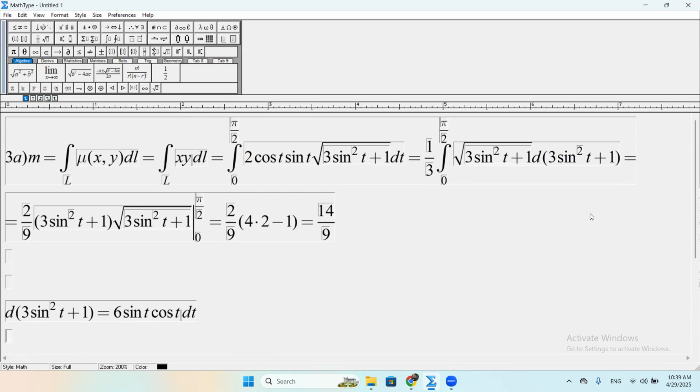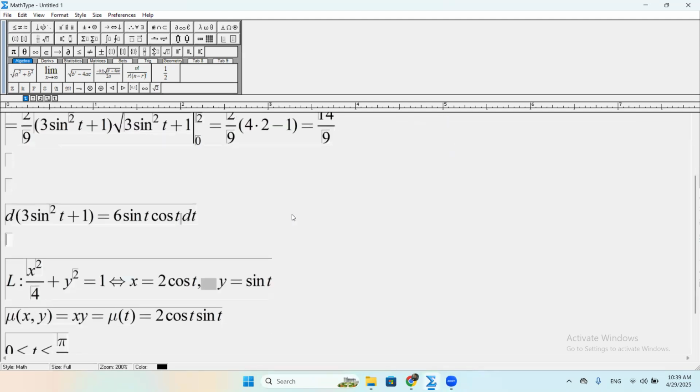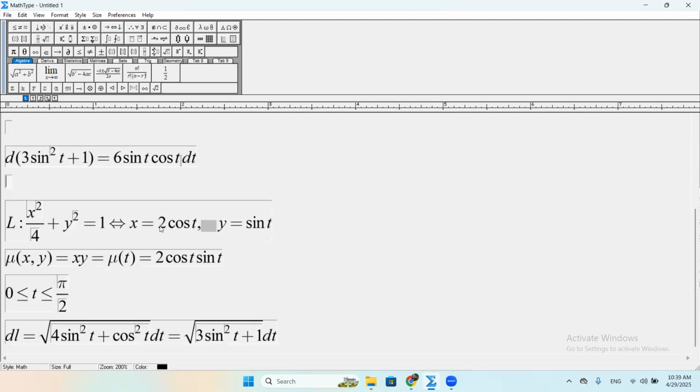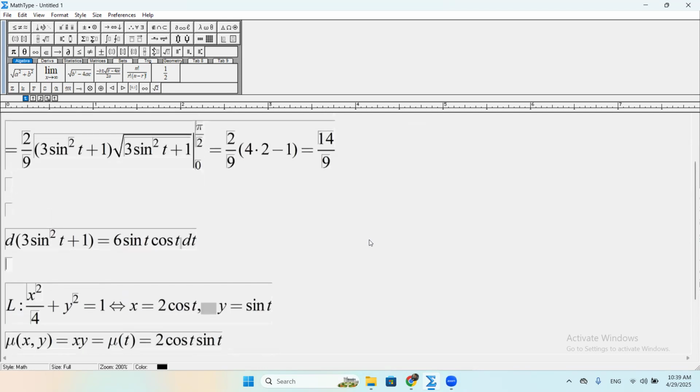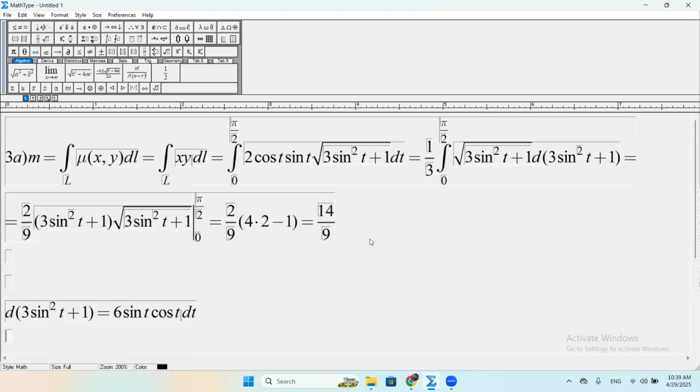But we can easily simplify it. If we integrate along an ellipse or a circle, it is always a good idea to parameterize, to move to polar coordinates. It is like moving to polar coordinates, but we have only one parameter t. So it's easier in such a case.